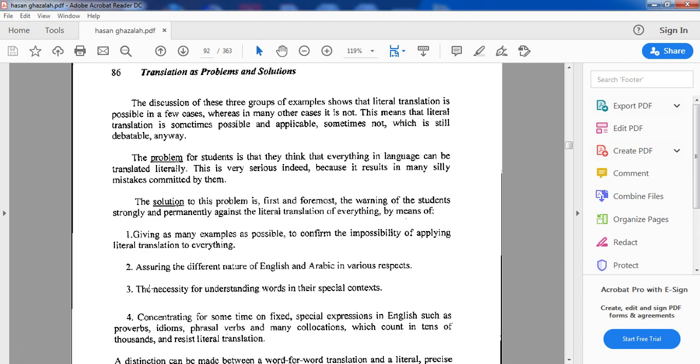The third point is the necessity for understanding words in their special context. And we'll try to study this in the coming pages. So we have special meanings for some words in certain contexts.